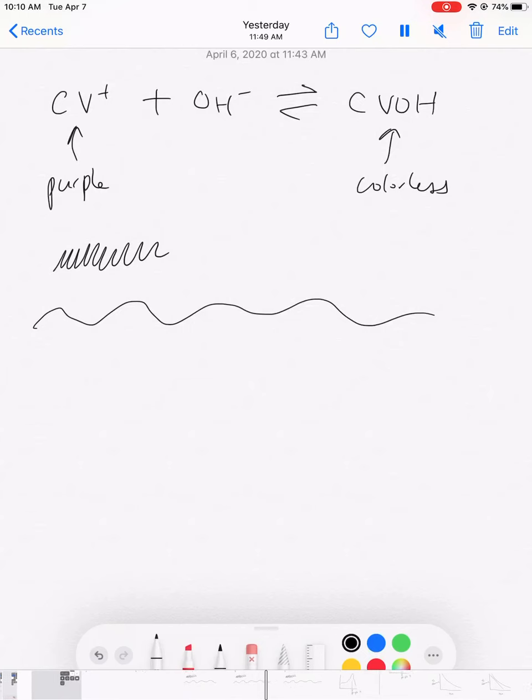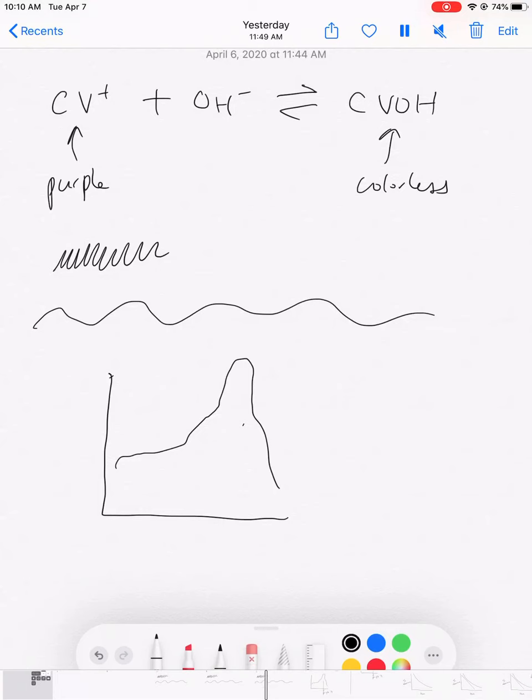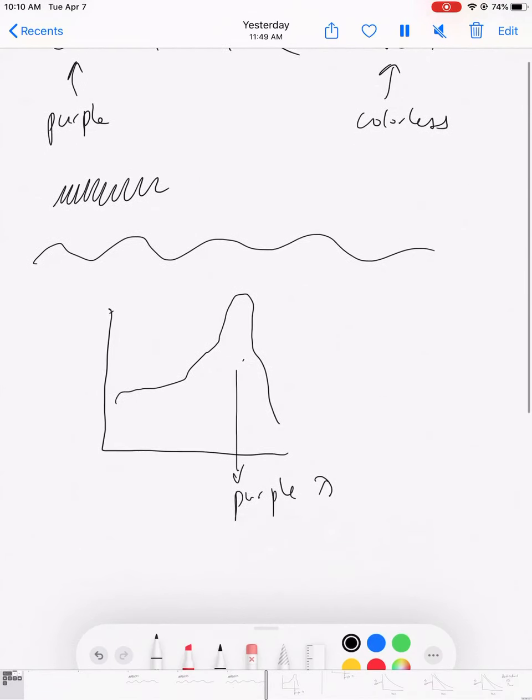And so there's a kind of a spectrum, and hopefully I'll draw that here soon. Oh, there we go. On that spectrum are all the different wavelengths that a certain pigment, in this case the crystal violet, absorbs. And I actually don't think it's the purple wavelength that the crystal violet is going to be absorbing, because that's what it's reflecting.